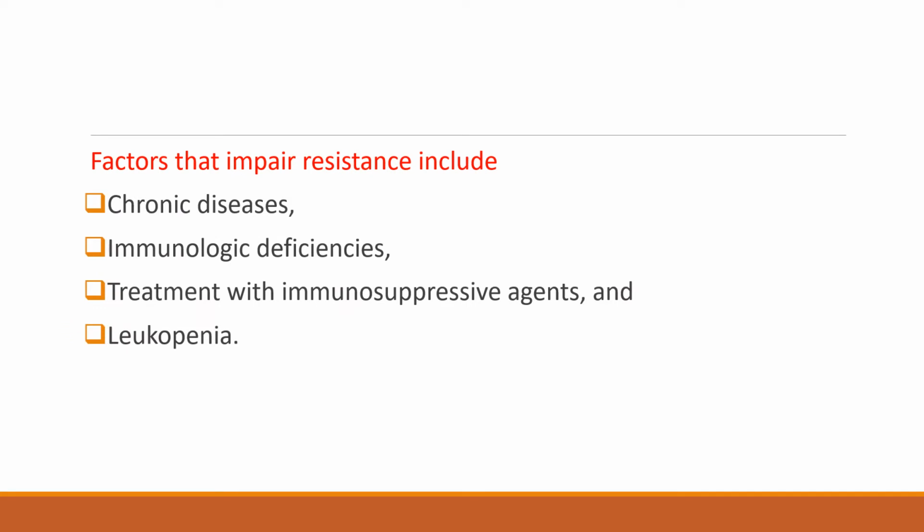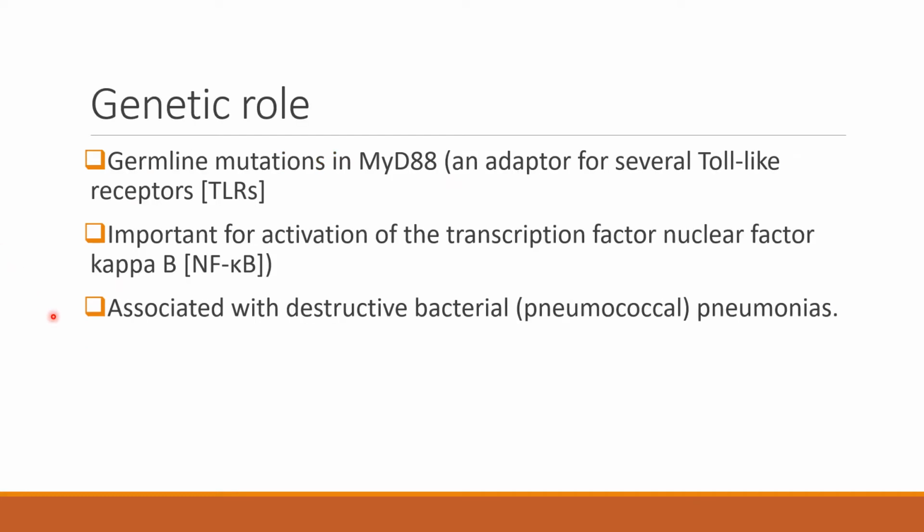Now some factors that impair resistance include chronic diseases, immunologic deficiencies, or treatment with immunosuppressive agents, and leukopenia, which is a low leukocyte count. Then genetic role. There are germline mutations in MYD88.